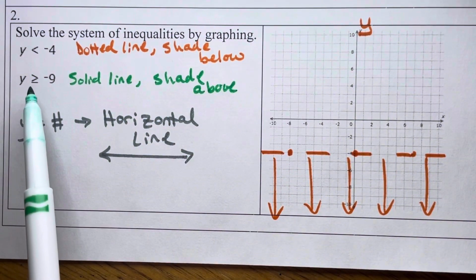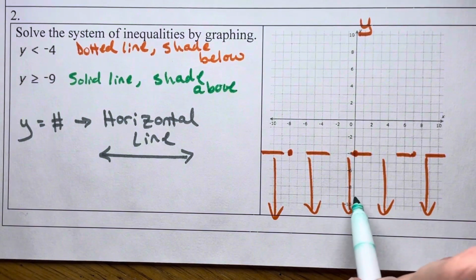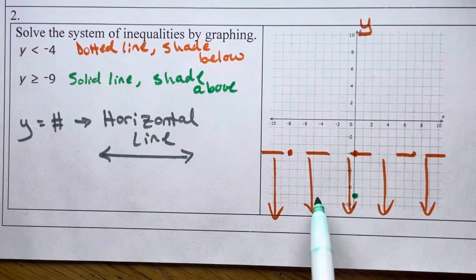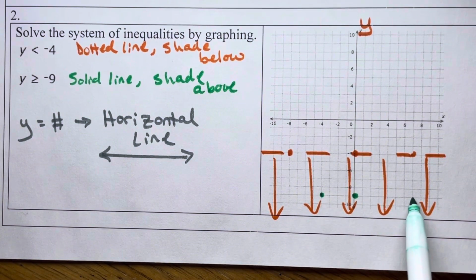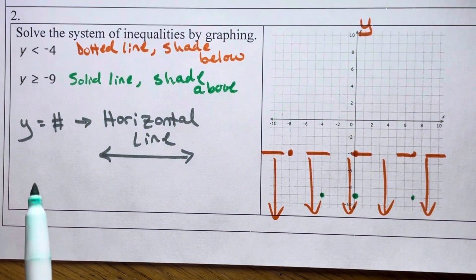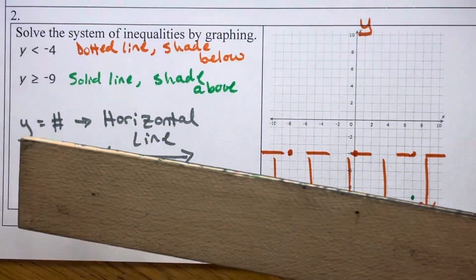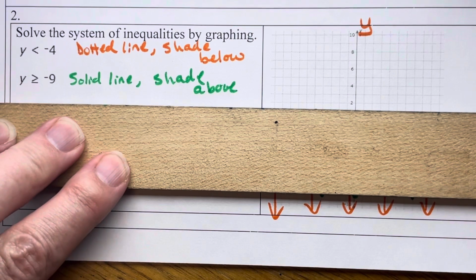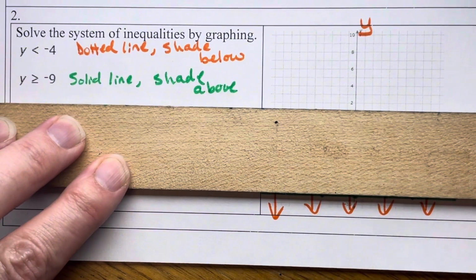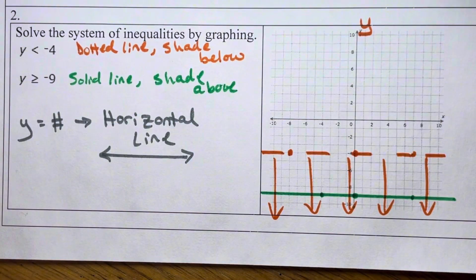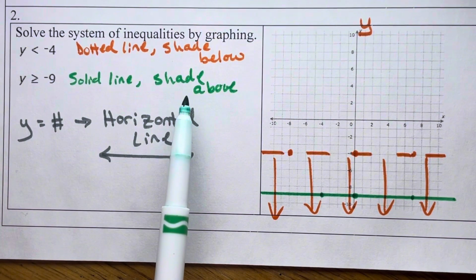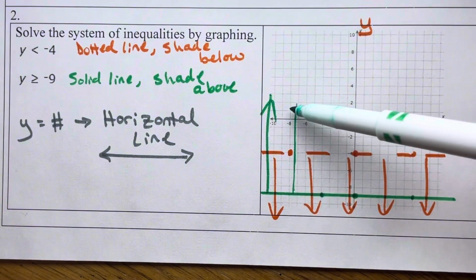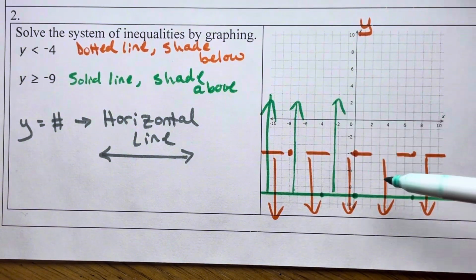So finding our y-intercept of -9, remembering that we have a horizontal line, so I place just a couple of points here on that line, but it's solid. So we can grab our straight edge and just autopilot, run a solid line through that. Okay. Now we know that we are shading above. So shading above the line means that we are traveling upward.